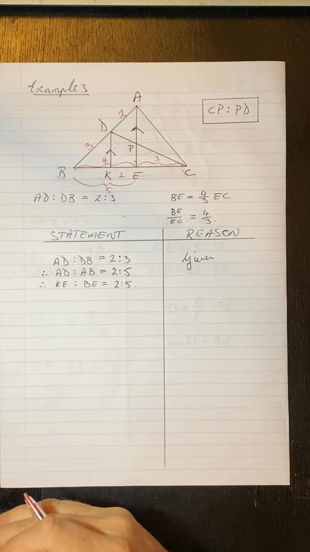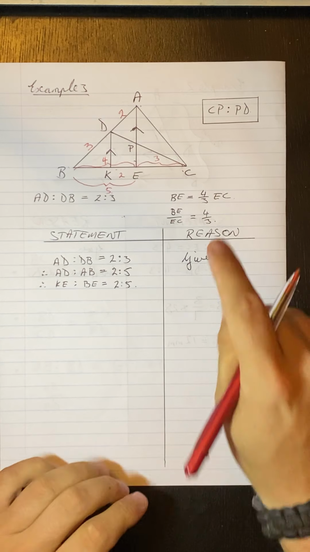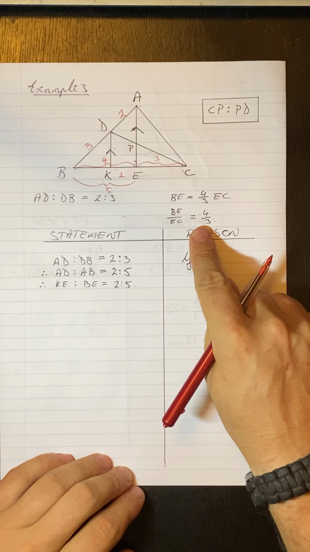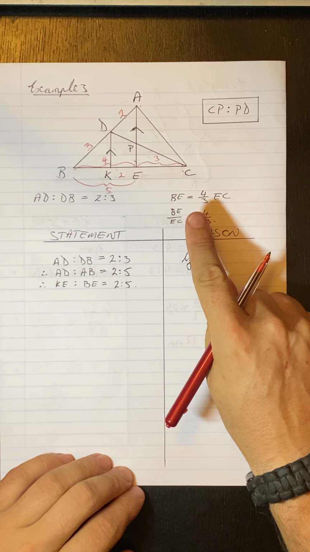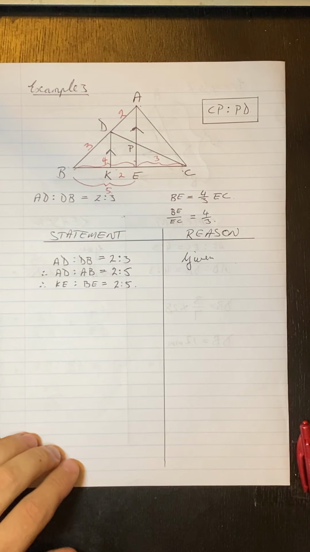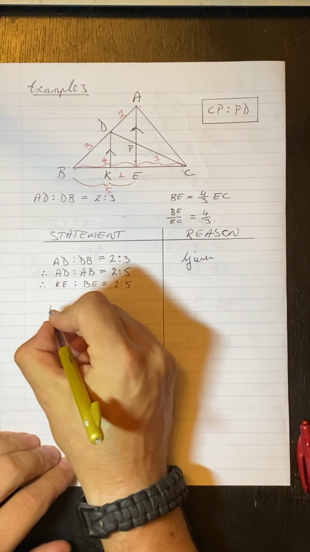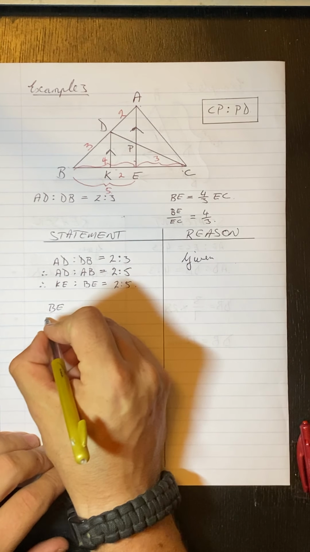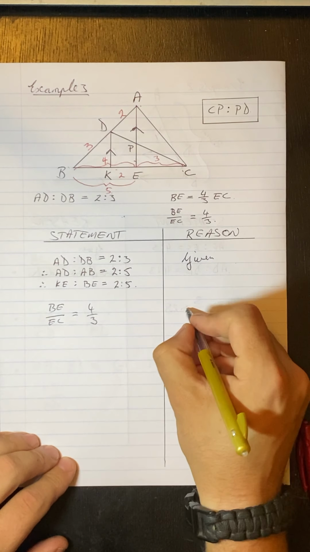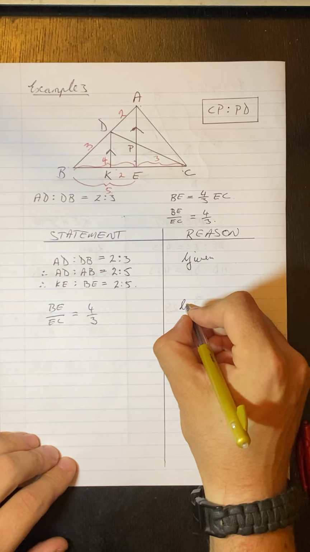Okay, carrying on. Now, I'm going to use this bit of information here. They've told us that we have BE to EC is equal to 4 to 3. So BE to EC is equal to 4 parts to 3, and that was given.